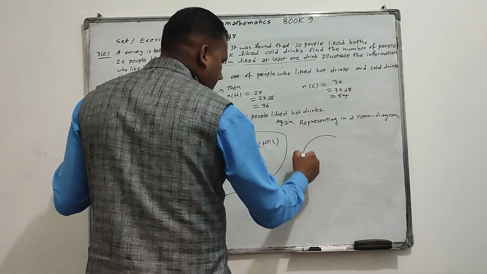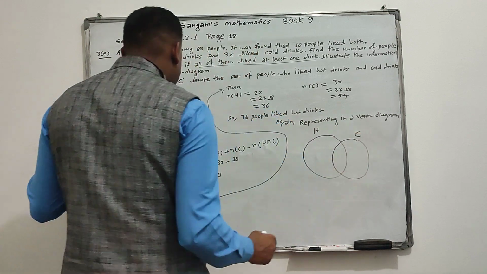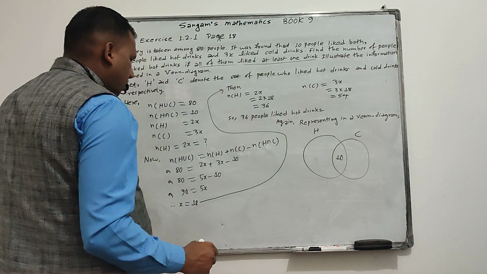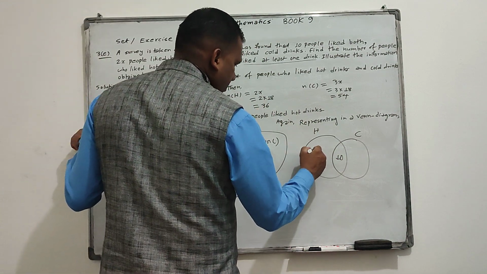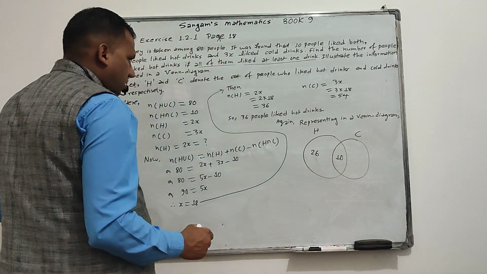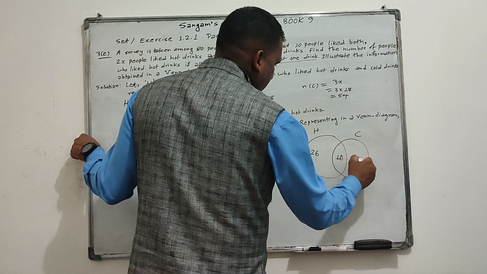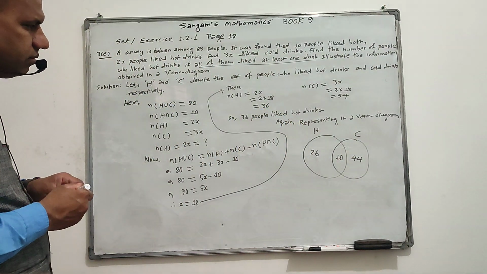In the Venn diagram, S and C. Intersection data is 10 here, and for S, that is 36 minus 10, that is 26, and for C, 54 minus 10, that is 44. This is the required Venn diagram.